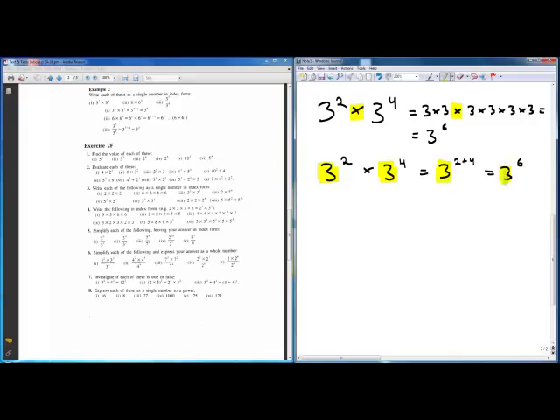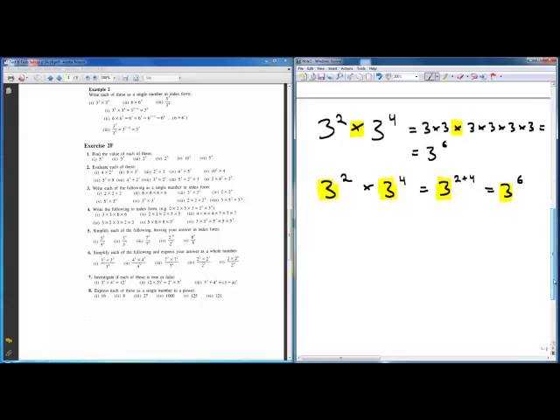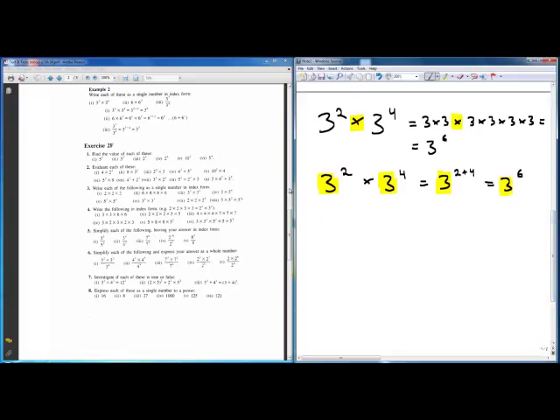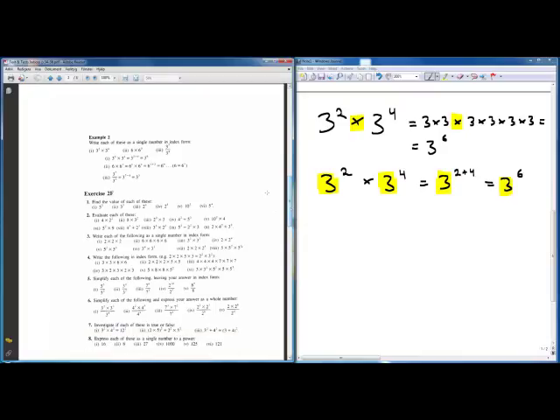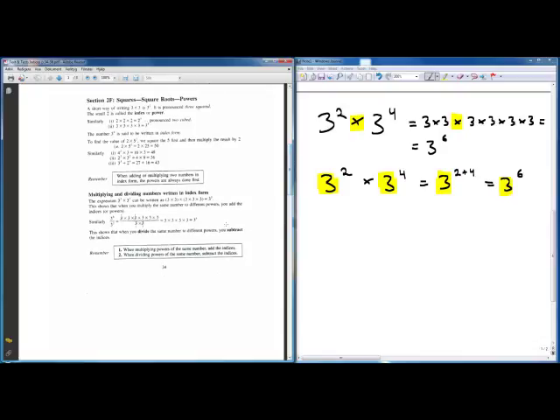Okay. So multiplication, we just add these numbers. And remember, when we did division over here, we just take 6 minus 2 is 4. So when division, it's this minus this. When we do multiplication here, it's this plus this. Okay?